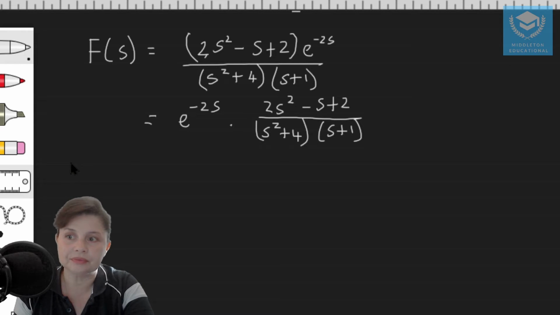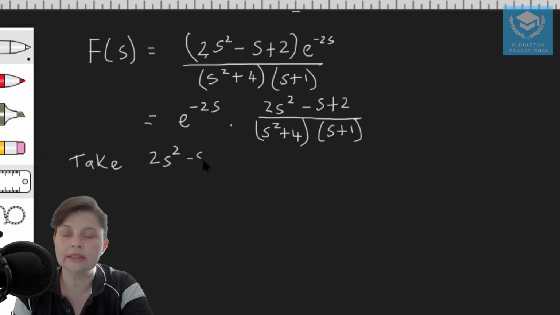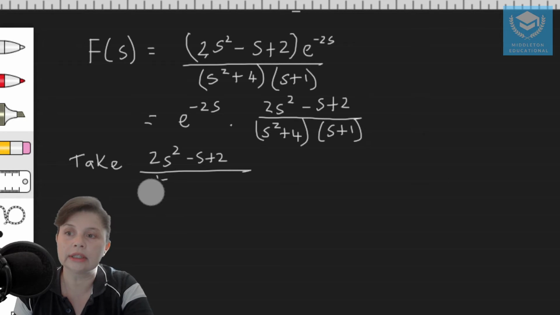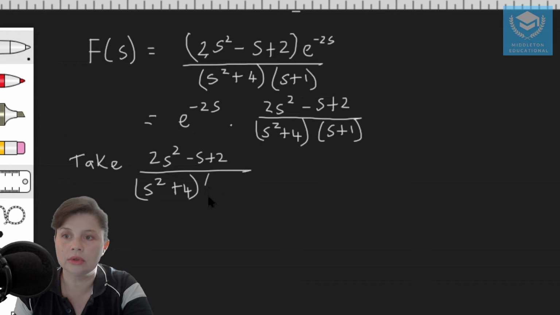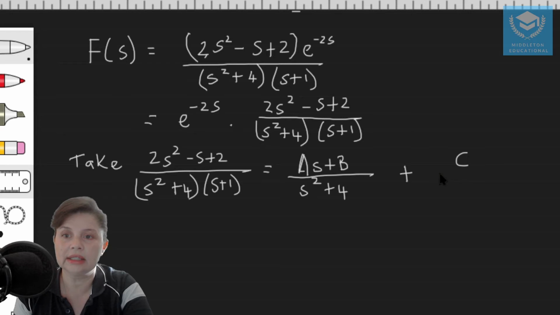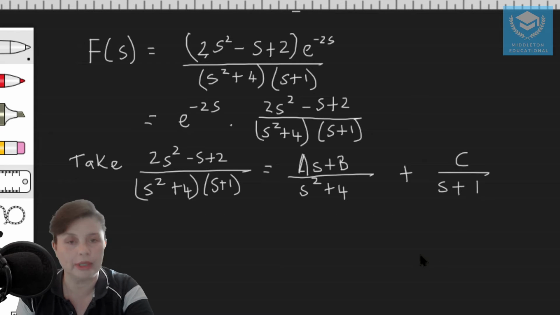So we take 2s squared minus s plus 2 over s squared plus 4 times s plus 1, and that can be written as As plus B over s squared plus 4 plus C over s plus 1.